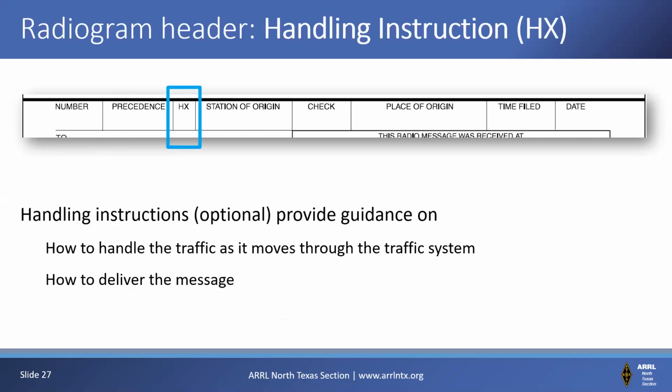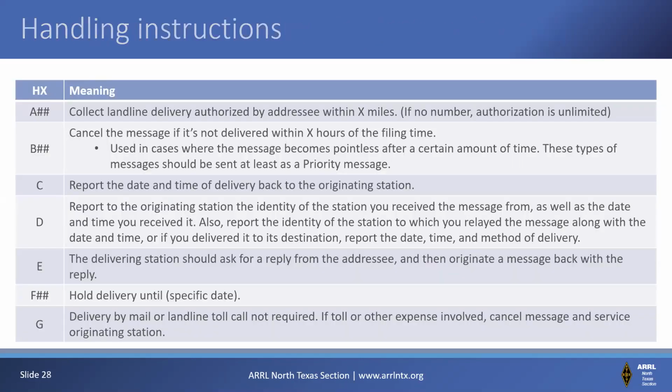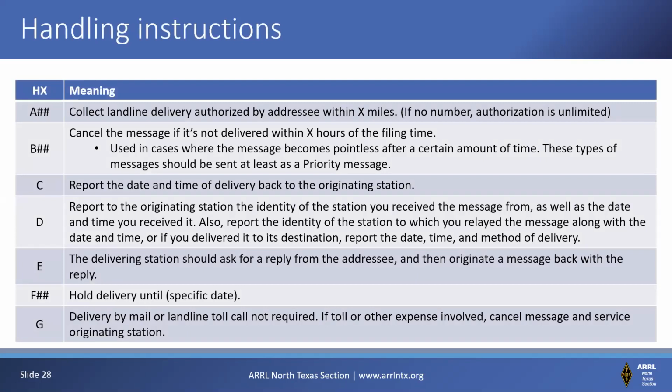Handling instruction. This provides some guidance on how the message should be handled as it moves through the system, and also about delivery. I'm going to put them on screen. These are also in the handout if you happen to print it out. The most common one that you're going to see is Hotel X-Ray Golf, the last one, which basically says, please don't spend any money trying to deliver this.